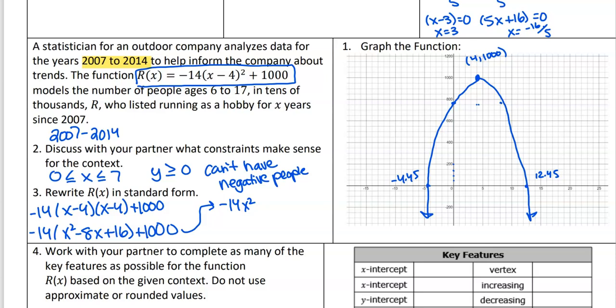What is negative 14 times negative 8? 112. And what's negative 14 times 16? Negative 224. Then our last little step is to add the 1,000. So we have negative 14x squared plus 112x plus 776. What was the 776? The y-intercept. So does that make sense in our standard form? It does, because we already have that on there.